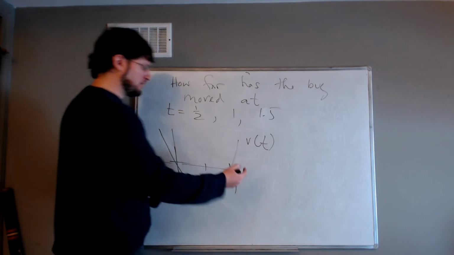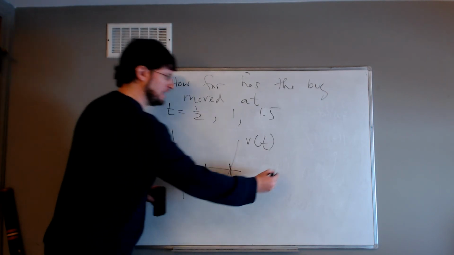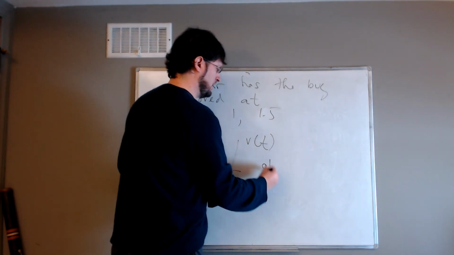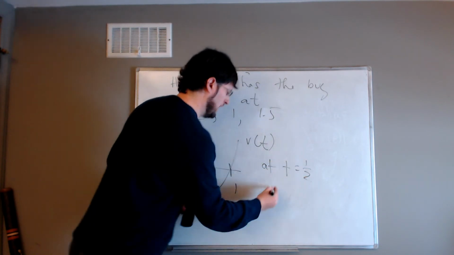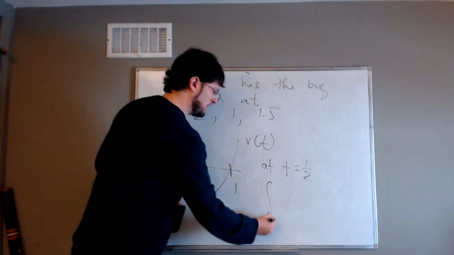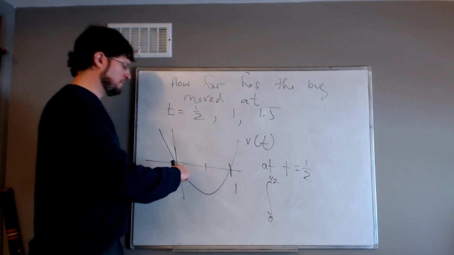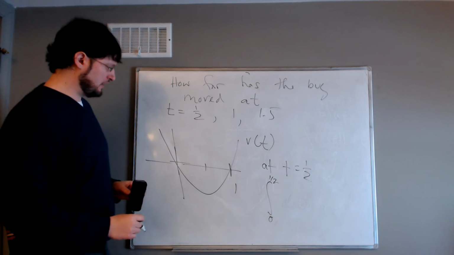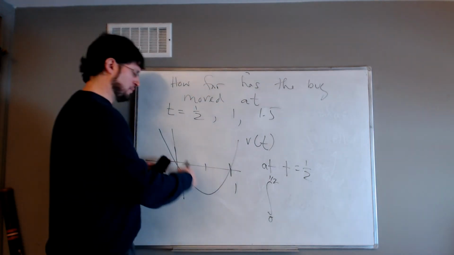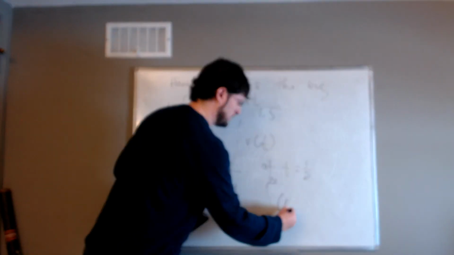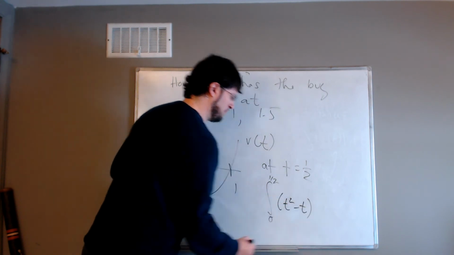Well, I want to integrate, right? So at t equal 1/2, I will integrate from time 0 to time 1/2. This is our function, t squared minus t, but since it's below the x-axis, I actually need to make it a positive number.